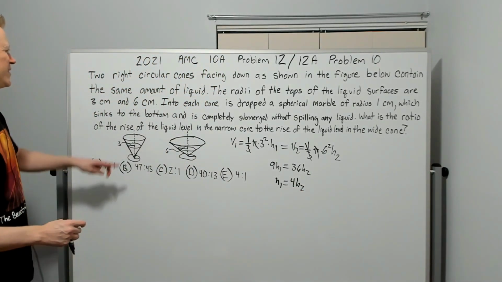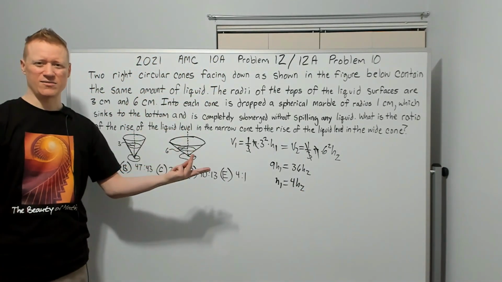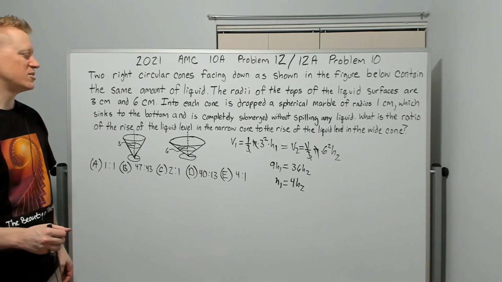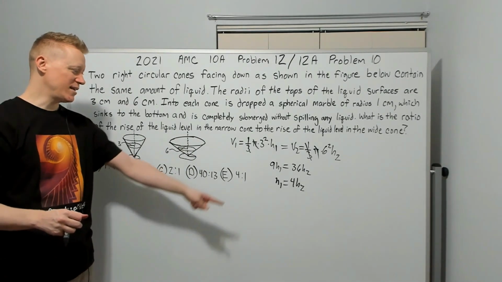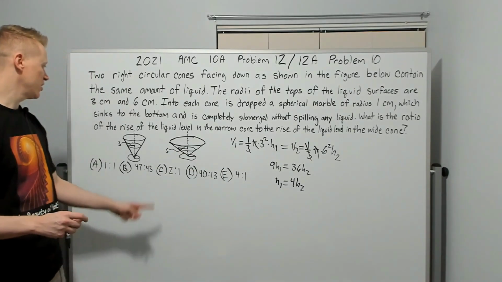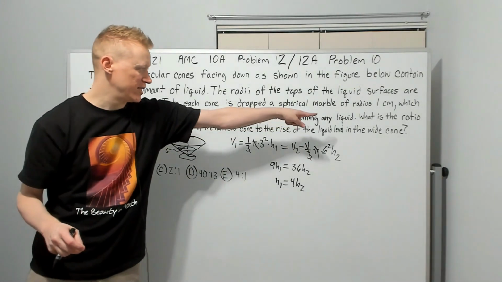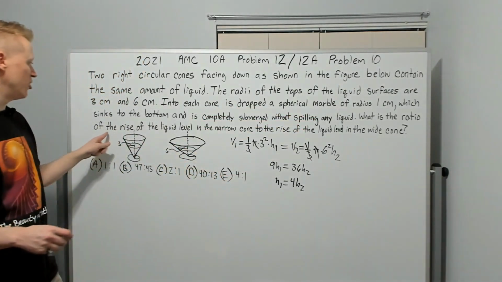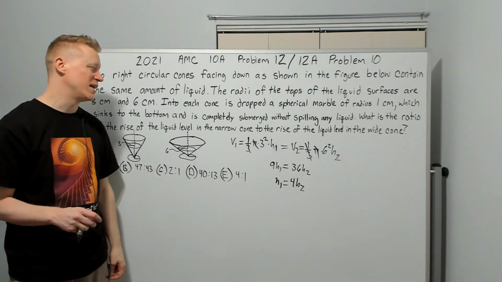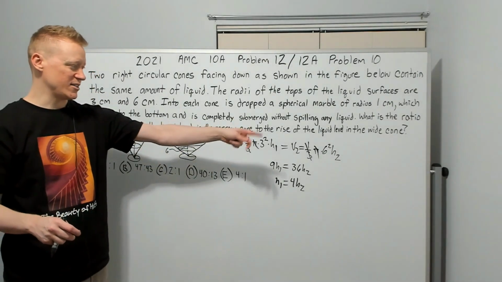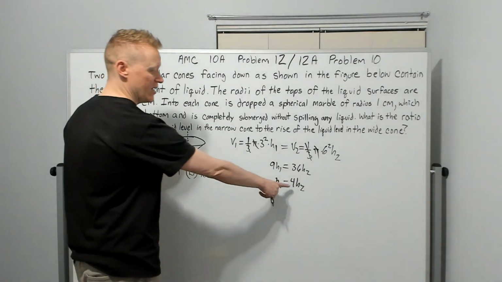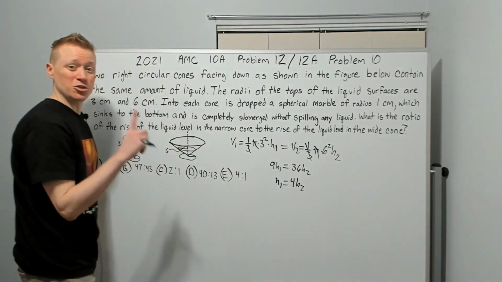Now, did they tell us what the volume was of the liquid? No. So guess what that means? We can make it whatever we want because we're looking ultimately for a ratio. Short summary, we can make h2 1.